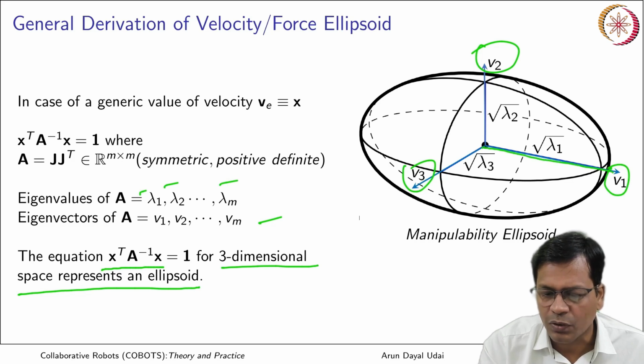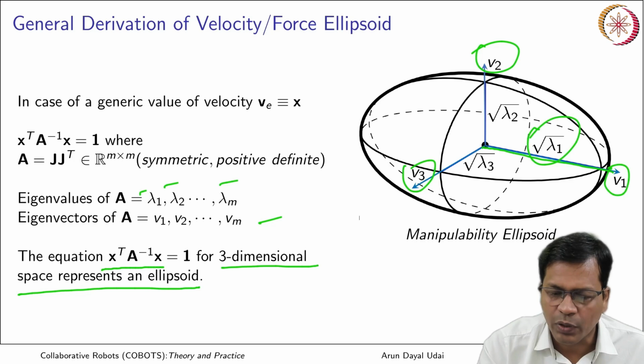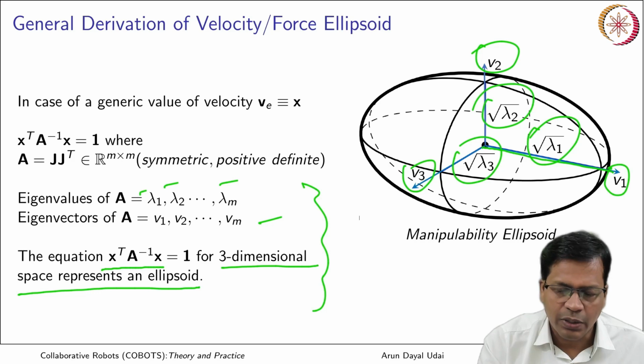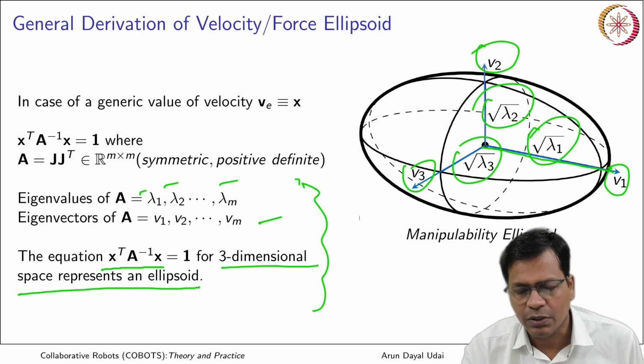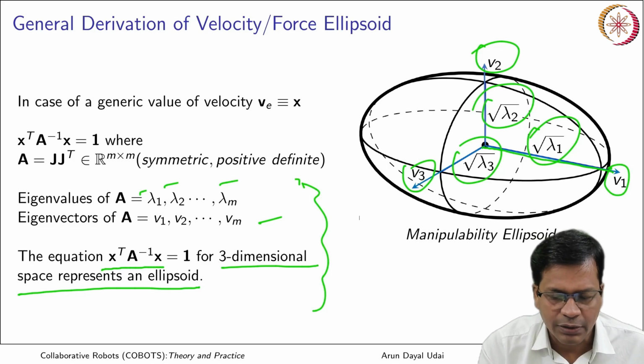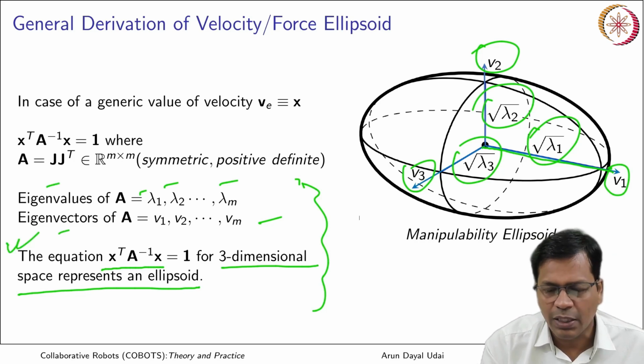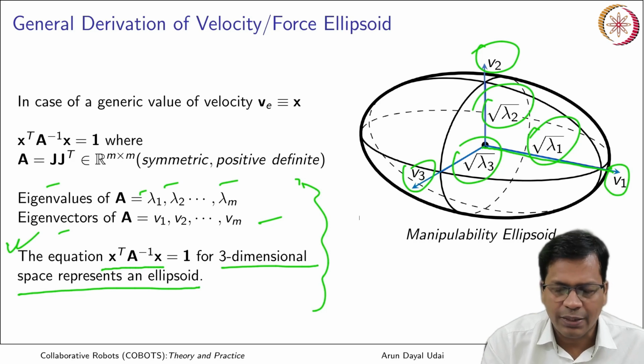So the square root of lambda 1 is the axis of the ellipsoid, then the square root of lambda 2, the square root of lambda 3. This is a mathematical representation. Okay, this is from mathematics, you can directly get it. So this is the equation of an ellipsoid as such, where eigenvectors and eigenvalues represent the direction of the axes and the magnitude of those axes.